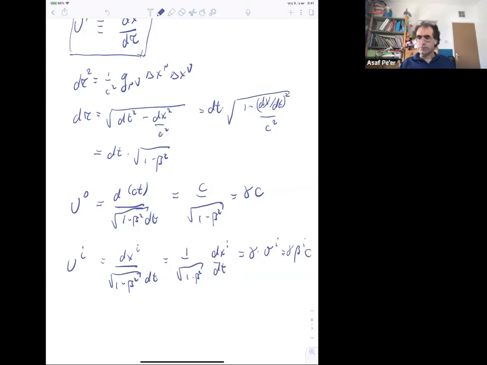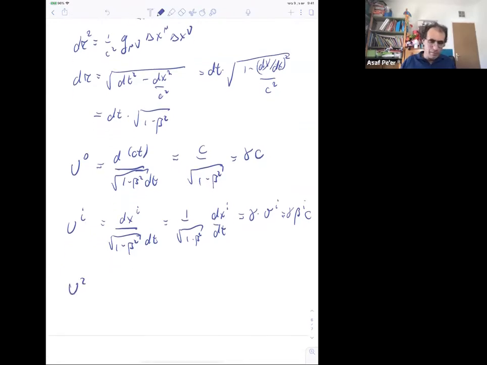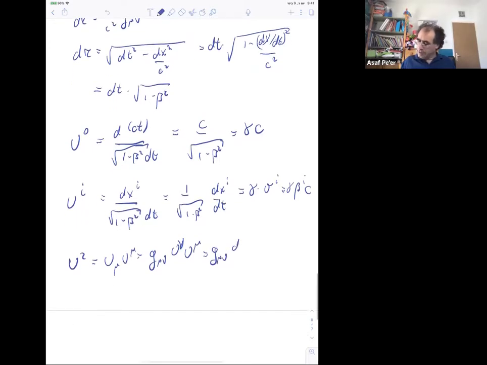What is the norm of this four-velocity? U squared is just g mu nu u mu u nu, just g mu nu dx mu over d tau dx nu over d tau.